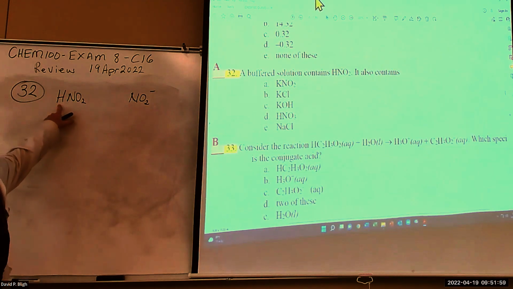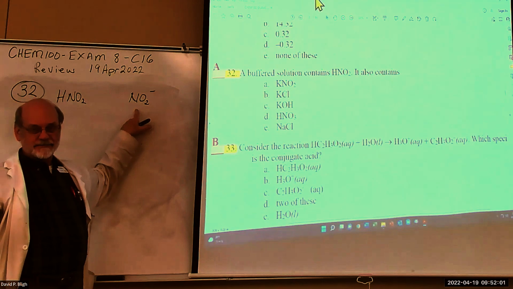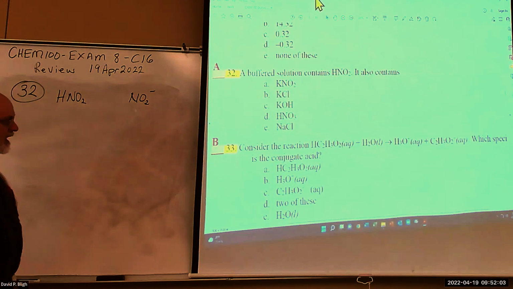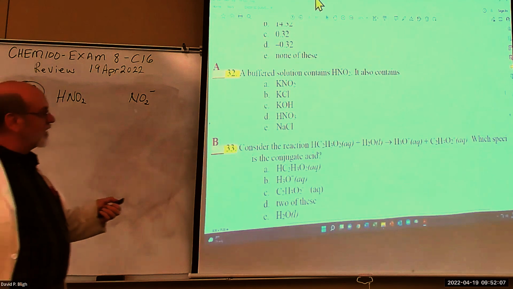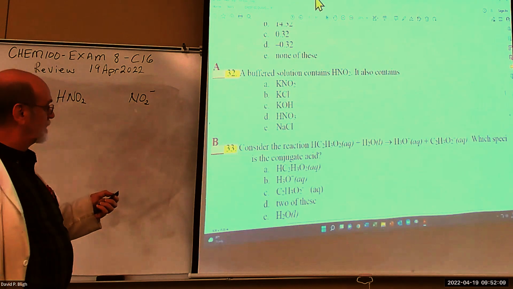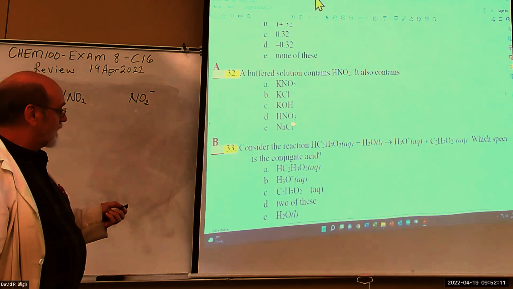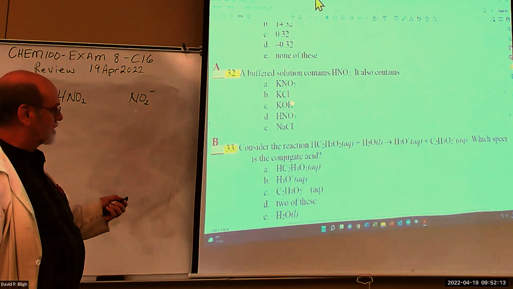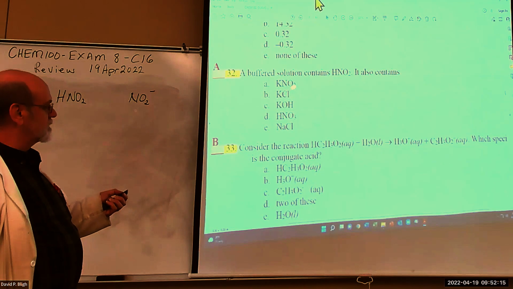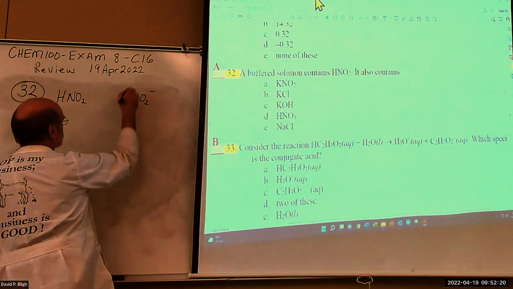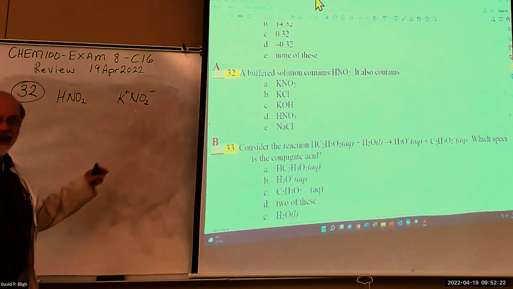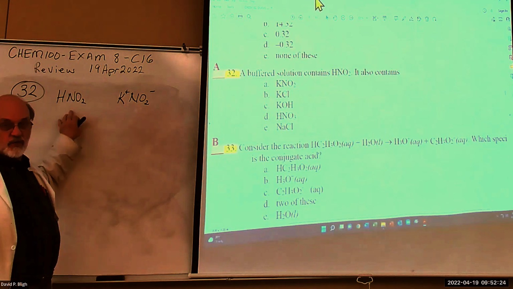Take away one proton, you get an NO2 minus. So which one of these other compounds will supply that? Not there, that's NO3. OH, no, Cl. There it is. KNO2. So KNO2 will supply the needed conjugate base to go with this acid.